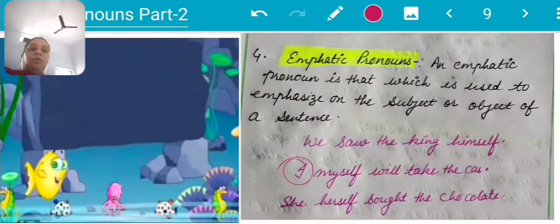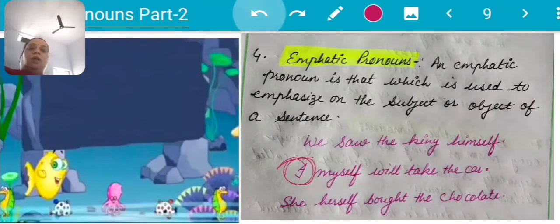Let's see first the second sentence. I is the subject here, and "I myself will take care of the car." If we remove myself from here, the sentence still has its meaning: "I will take the car." This is also a sentence.